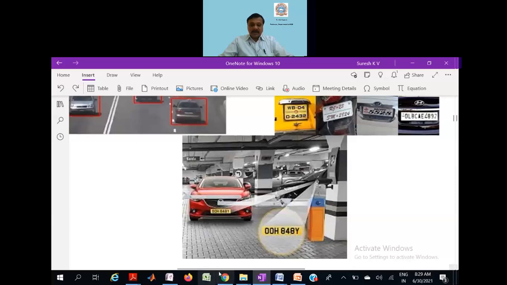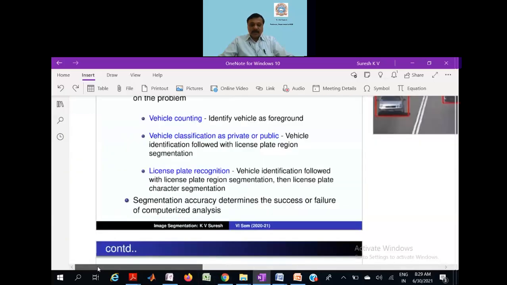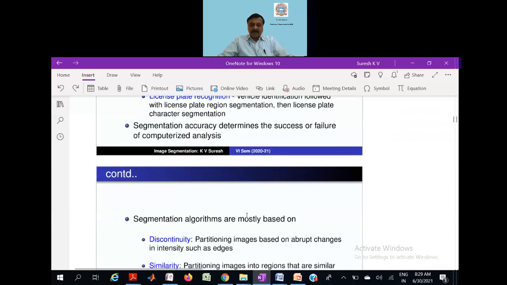So these are the challenges. Segmentation accuracy actually determines the success. If I am very good at segmentation, then I would be detecting it very easily. Of course, these are all very simple examples. If you take satellite images, there are a lot of challenges. So how accurately I segment will decide whether I am successful.